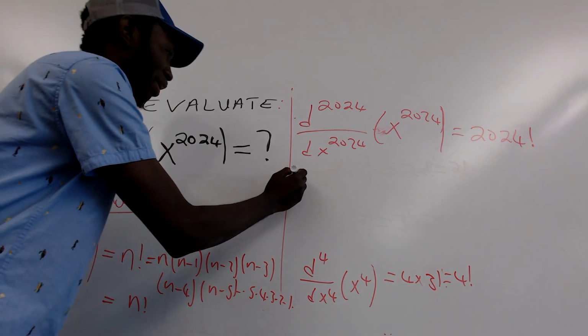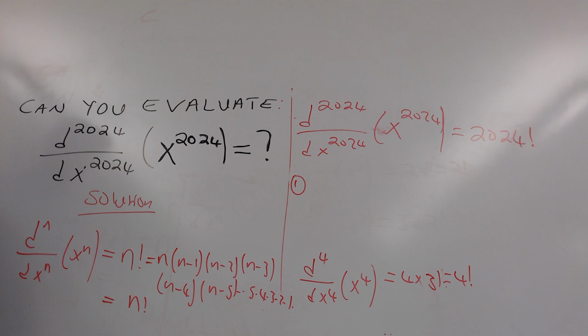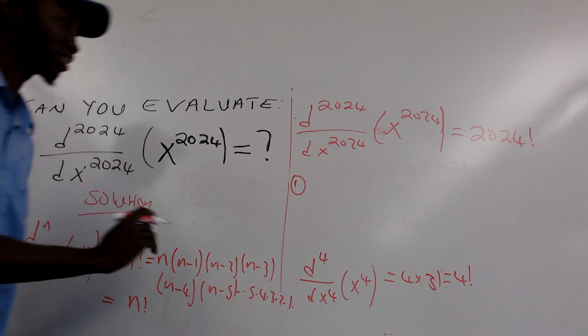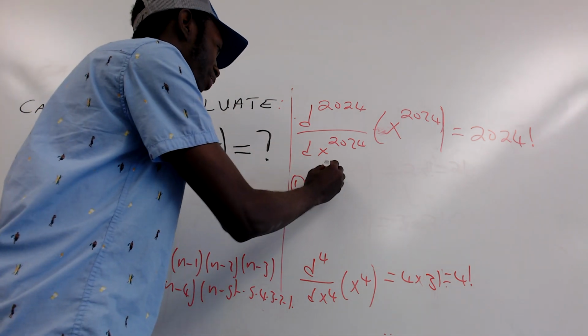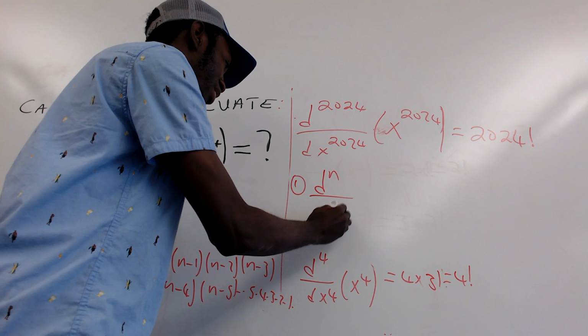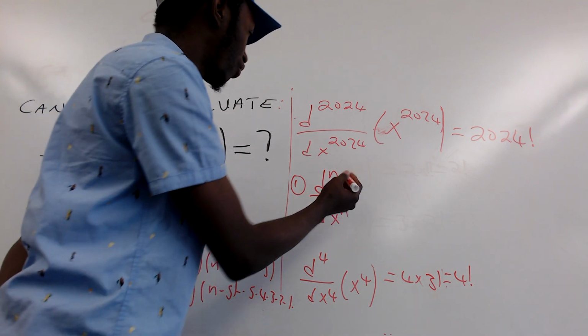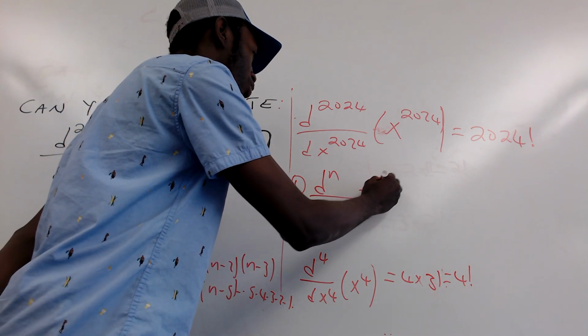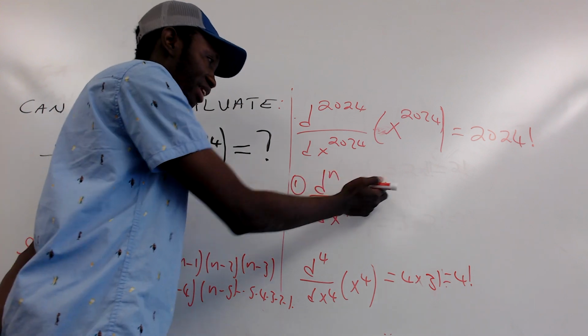For other cases, I will move forward to let you know some of the things we have to take note of when differentiating similar problems like this. Let's say we have d^n over dx^n, and the function here changes to x to the power m. The degree is n, and the power is m.